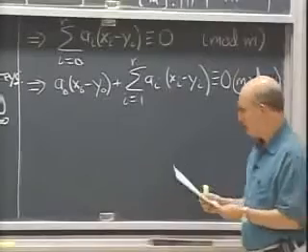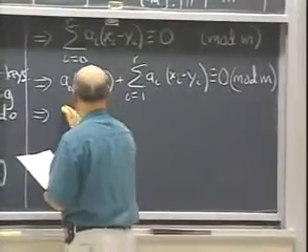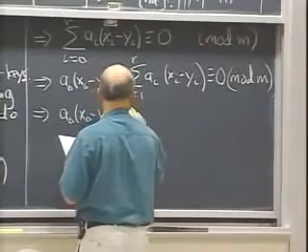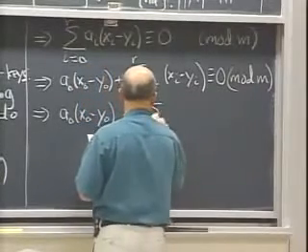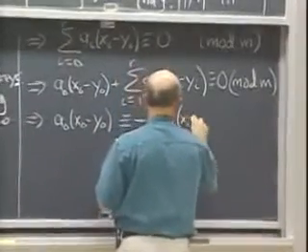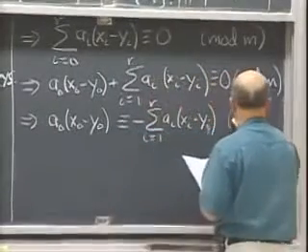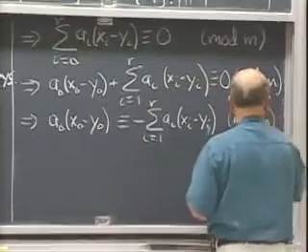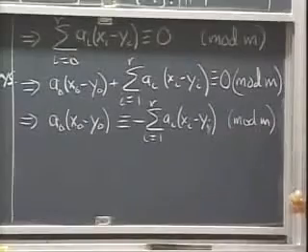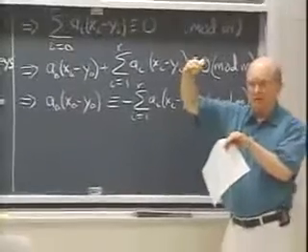That implies that a0 times x0 minus y0 is congruent to minus the sum of the remaining terms, mod m. Now remember that when I have a negative number mod m, I just map it into that range from 0 to m minus 1.